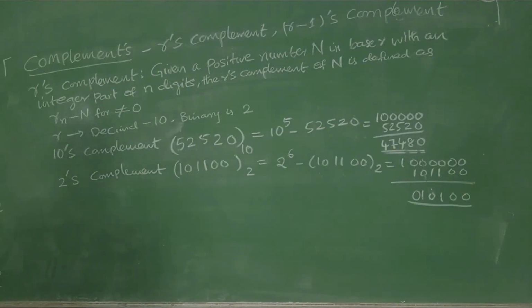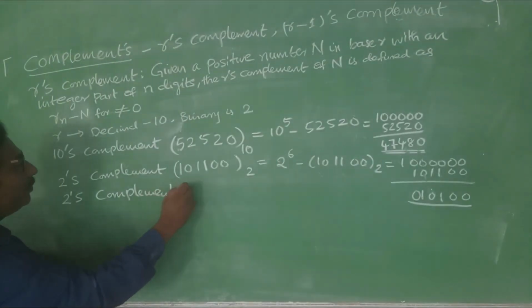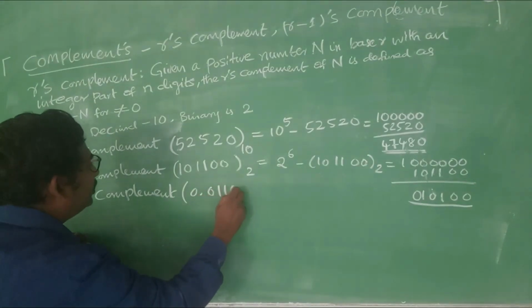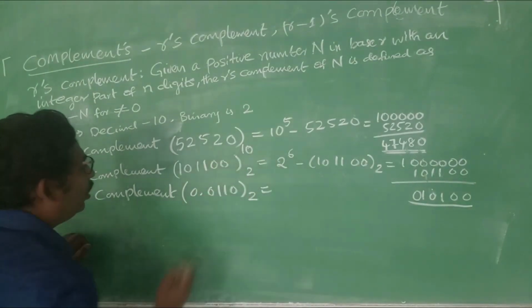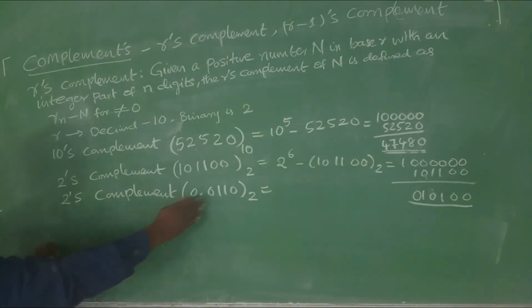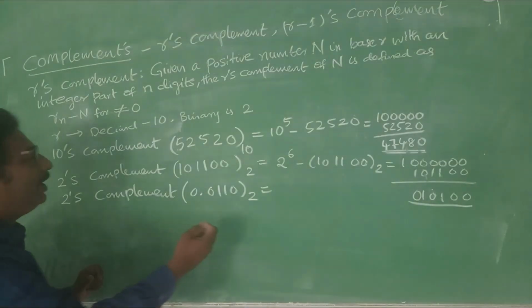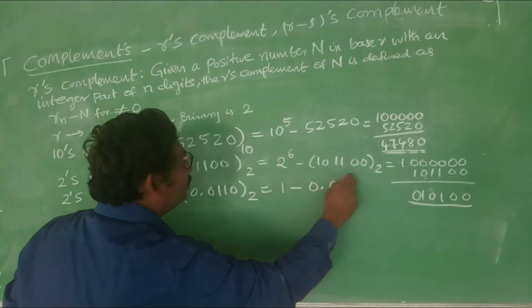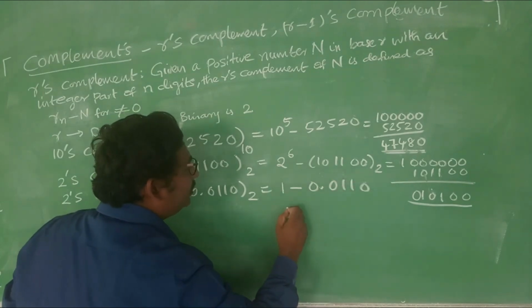So let's choose the complement of 0.0110 base 2. How much is it? Whatever the value may be, when you are doing the 2's complement, automatically it is 1 minus this value, 0.0110.